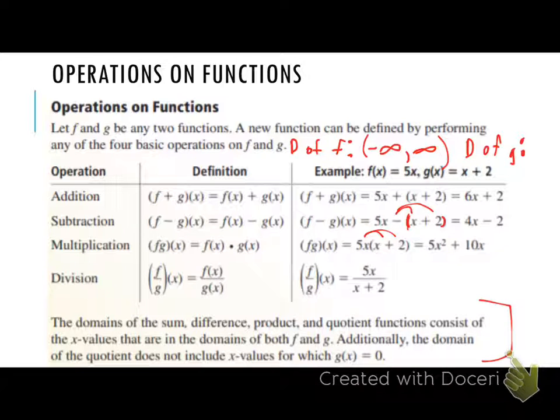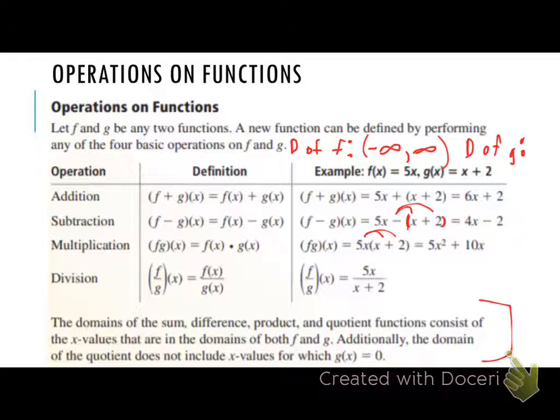Is my g of x function linear, quadratic, cubic, square root function? What kind of function is that one? Question? Yeah, what's the D one? The what? Domain. Oh, yes, domain. Sorry. What kind of function is my g of x equals x plus 2 function? Is it linear, quadratic, cubic, square root?